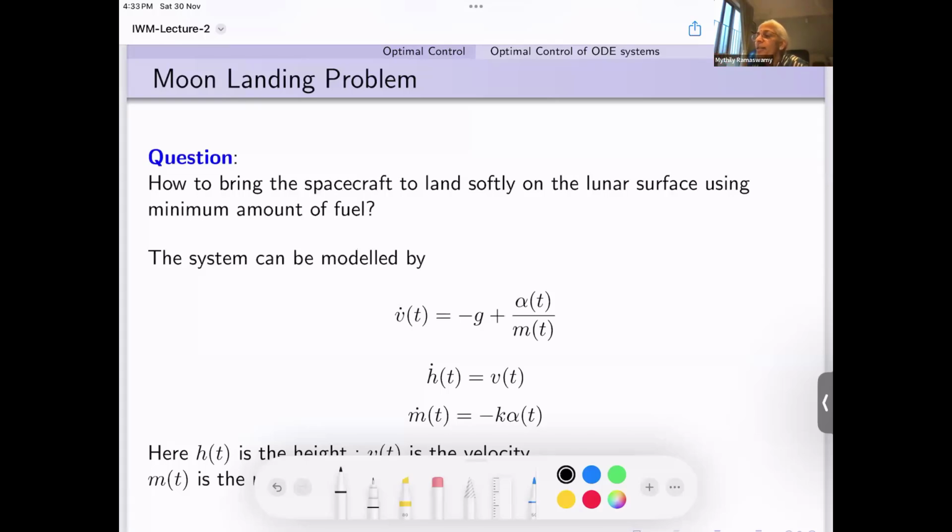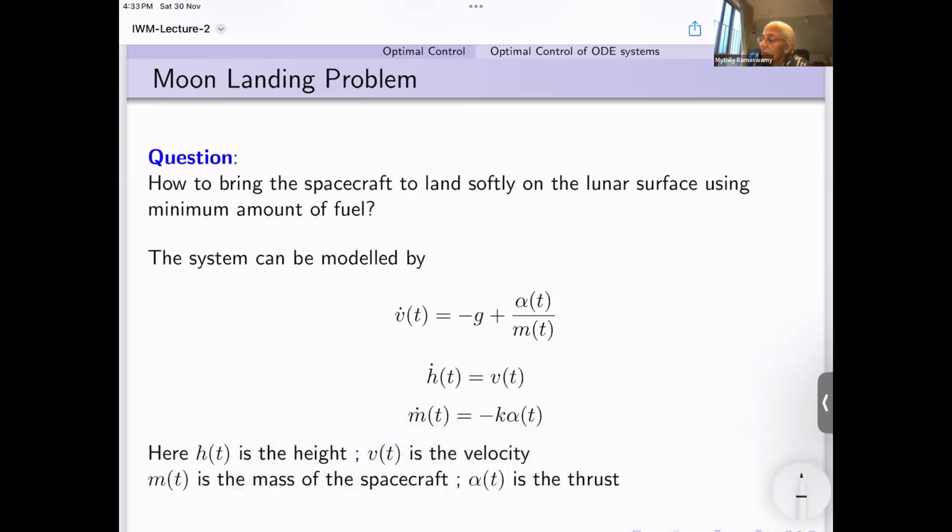That is, you have to land softly, so your velocity must be 0 when you land on the lunar surface. And you also want to use a minimum amount of fuel. So how do we do this? This was one of the motivating examples at that time.